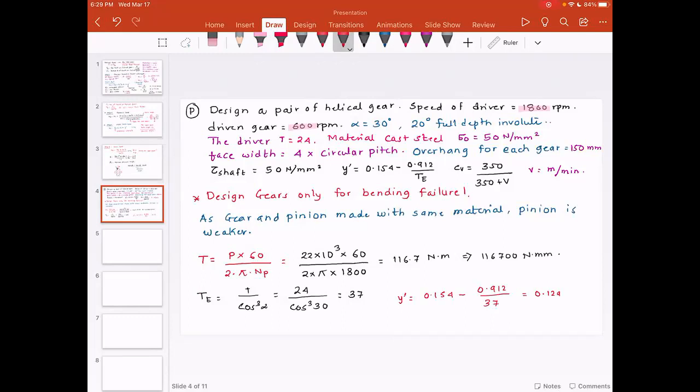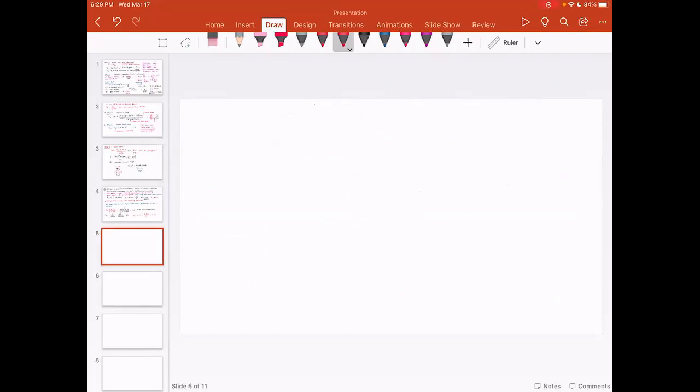Now, next thing is we have to find out the module and other information. So let's start. If m is equal to module, PCD is equal to number of teeth times module.